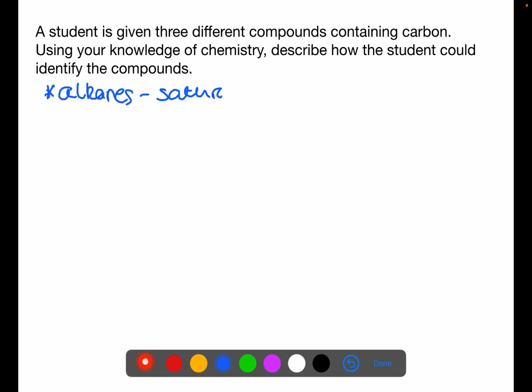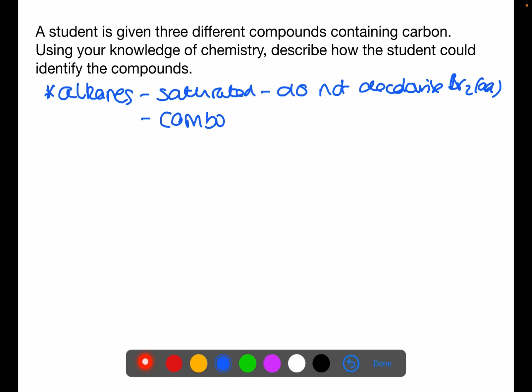So you know that these are saturated, so they do not decolorize bromine water. You also know that they undergo combustion reactions, and they will give off carbon dioxide and water. Carbon dioxide you can test with lime water, where it'll go cloudy.